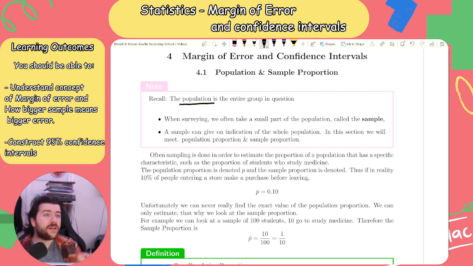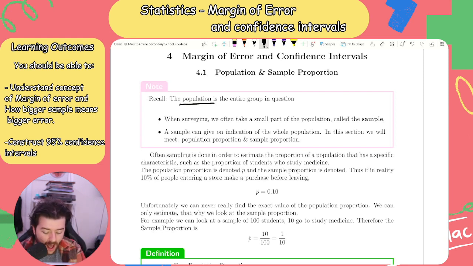So if you are studying secondary schools, the population is every secondary school in Ireland, for example in Galway, Louth, Westmeath, Longford, every single secondary school there. But it is not practical to conduct a study on that many schools. There's too many of them.